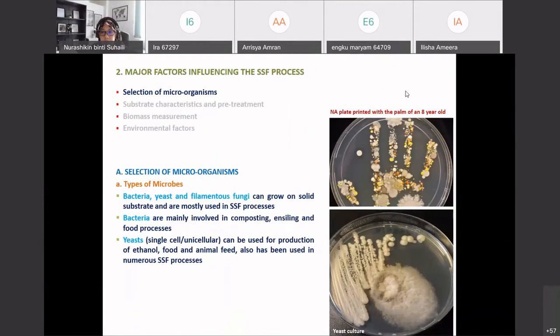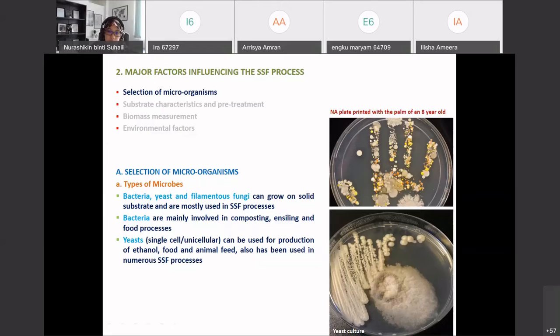So now let's move to the factors that influence the SSF process. There are a few factors. First is the selection of microorganisms, the types of microorganisms. What kind of microbes can grow well on solid substrate, and what are those that might not grow well?